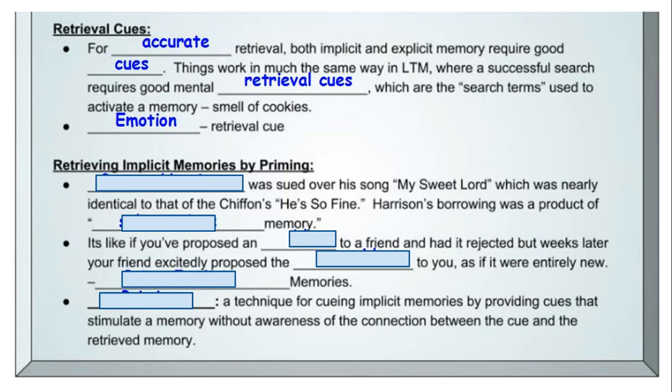So, retrieving implicit memories by something called priming. There was a former Beatle, George Harrison, who got sued when he wrote a song called My Sweet Lord. When you hear the melody of the song, it sounds almost identical to the Chiffons' song He's So Fine.